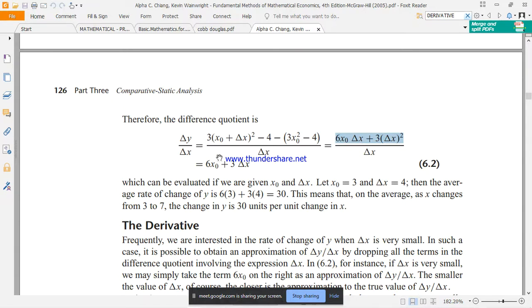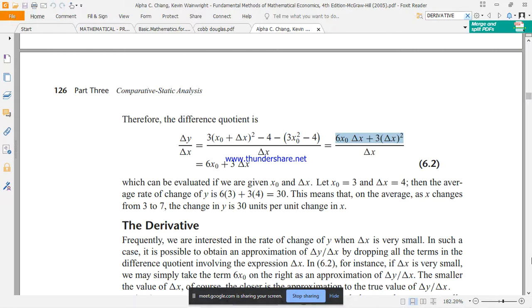Let's open. So I've got 3 open brackets, x naught plus change in x, squared, minus 4, minus 3 open 3x naught squared less 4. If we open the brackets here, let me keep the 3 outside and deal with what is in the brackets first.